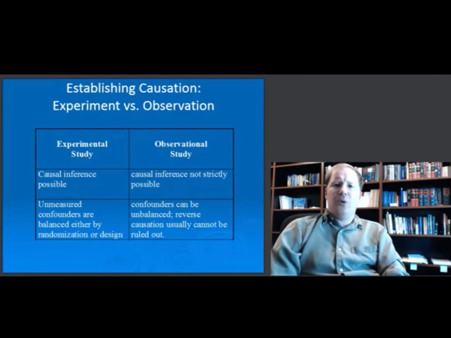This is because they don't remove all confounders, they don't remove all biases and chance, and therefore leave unbalanced studies as compared to experimental studies, which through randomization and through experimental design allow this to happen. So here we see a happy ending to an observational study, in contrast with the Scandinavian painter's study, but again, Snow went the distance and removed the pump handle, which ultimately was the definitive study in the cholera outbreak stoppage.